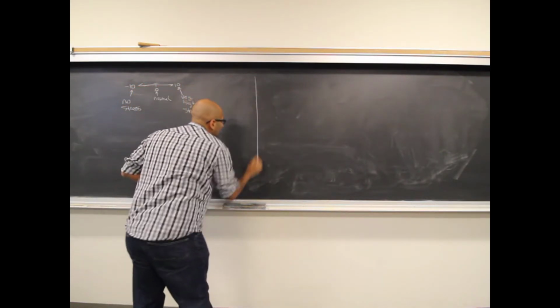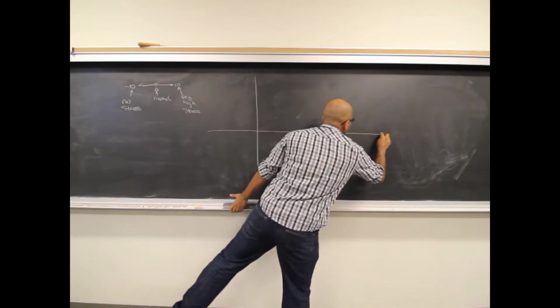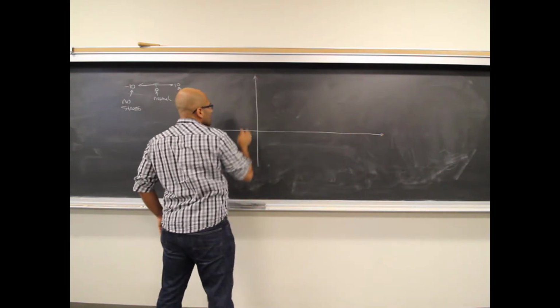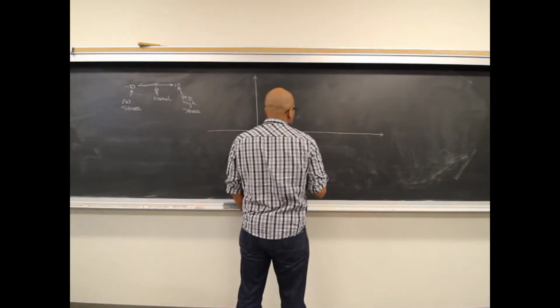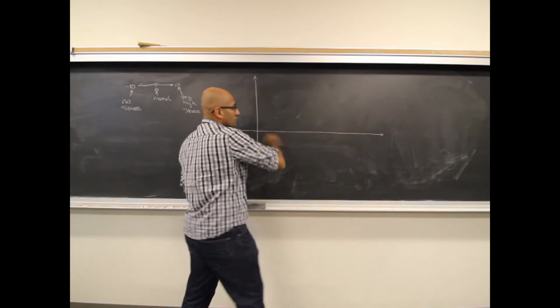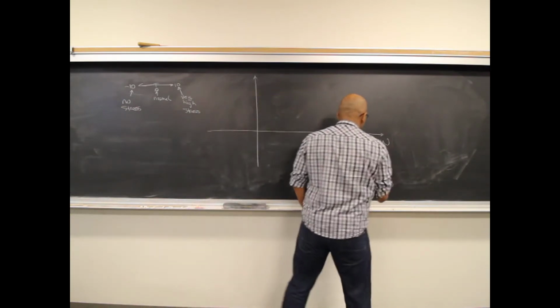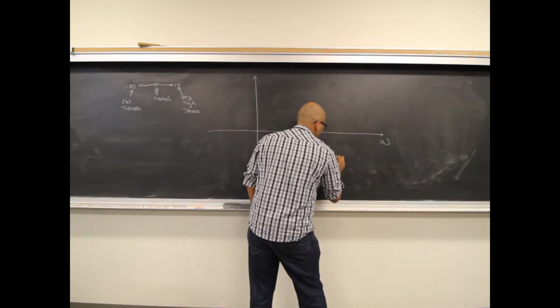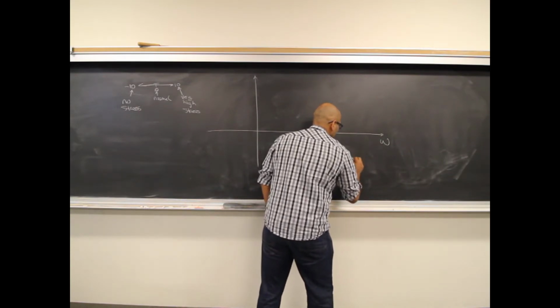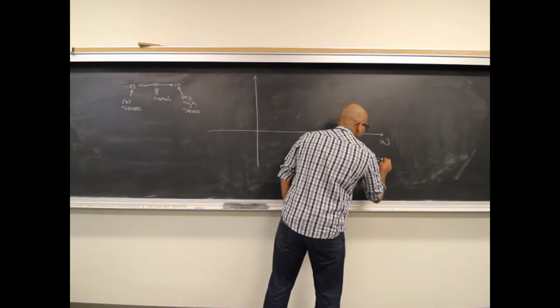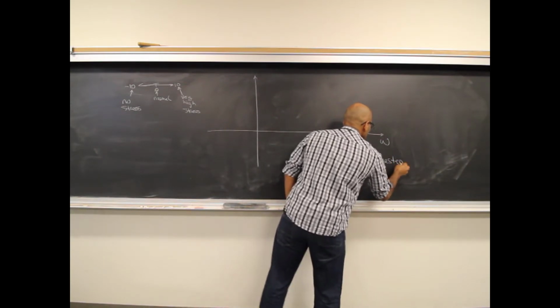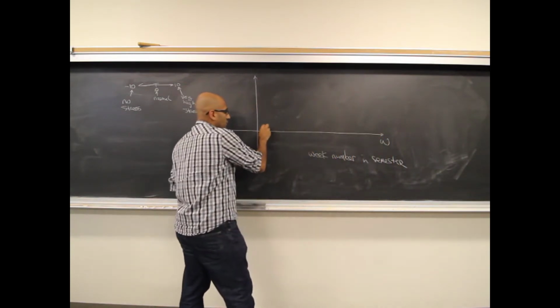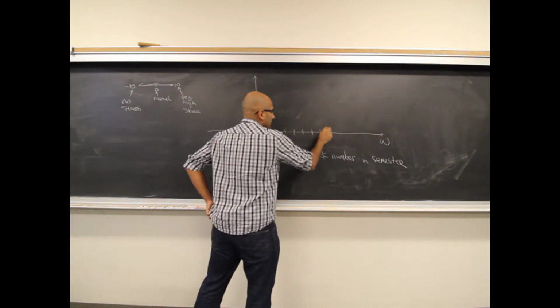So let's look at one possible set of values, or what kind of values we can possibly get. In this direction, we're going to have weeks, put W for weeks, week number in the semester. So for instance, 0, 1, 2, 3, 4, 5, 6, 7, 8, 9, right?